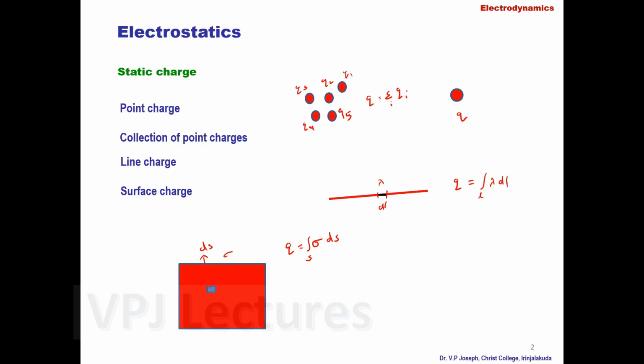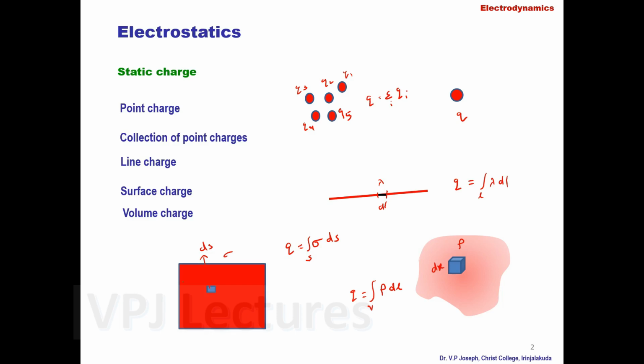Then the most general type of charge distribution is the volume charge density. The volume charge is represented in terms of the charge density rho and the volume element dv or d tau, so that the total charge in this case is q is equal to the volume integral of rho d tau.